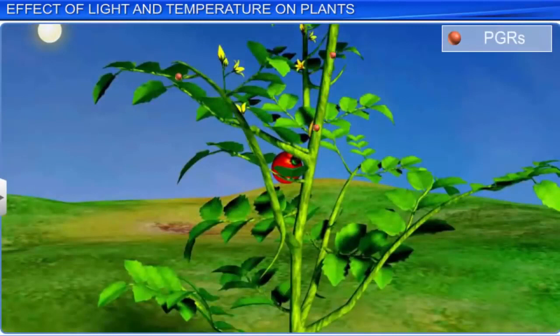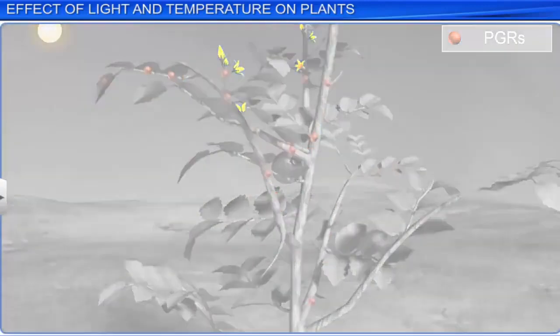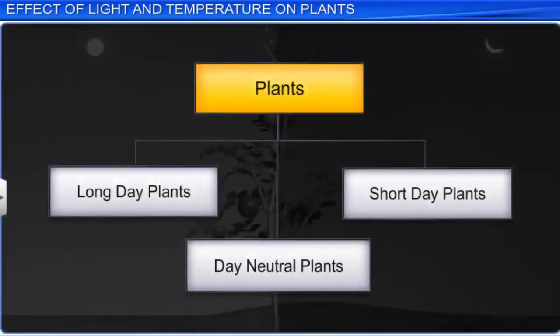Later, they found the PGRs to be the actual hormones that control flowering in plants. Based on their requirement of light, plants are categorized into long day, short day, and day-neutral plants.